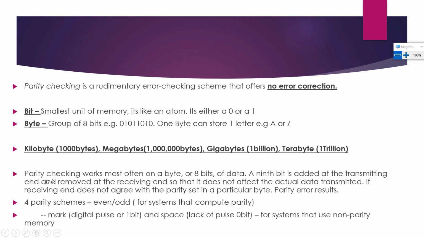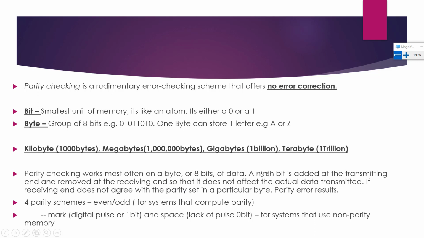So anyway, parity checking works most often on a byte level, or 8 bits of data. A ninth bit is added at the transmitting end and removed at the receiving end so that it does not affect the actual data transmitted.